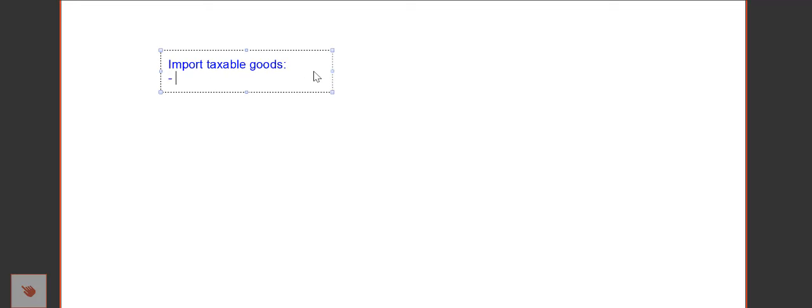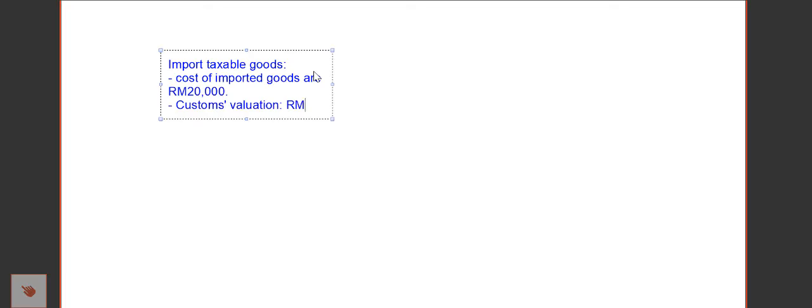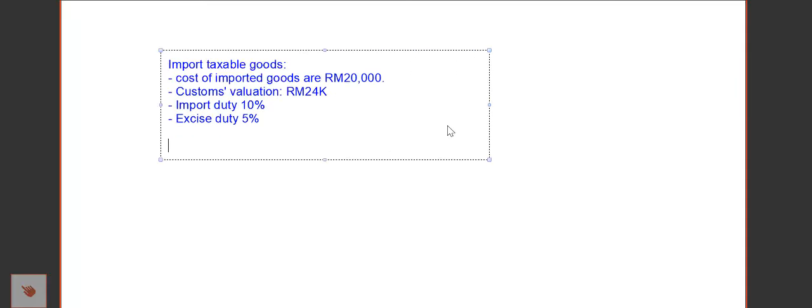Now let's say the cost of the imported goods are 20,000. Okay, but the customs valuation is 24,000. All right, there will be an import duty, let's say 10%, and excise duty, let's say 5%. Now let's just say that this is what you're gonna get. Now how much will the sales tax be?